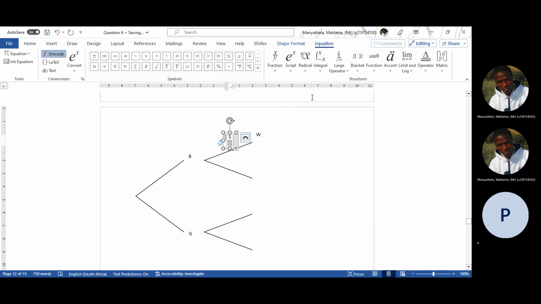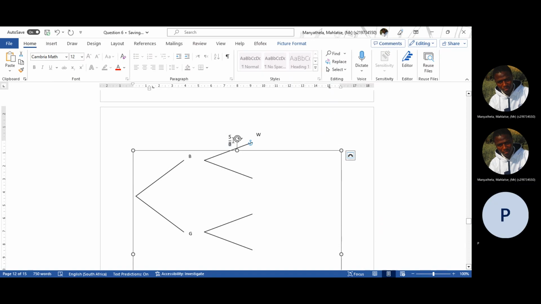If you add 5 and 3, it gives you 8. So you will have 5 over 8.